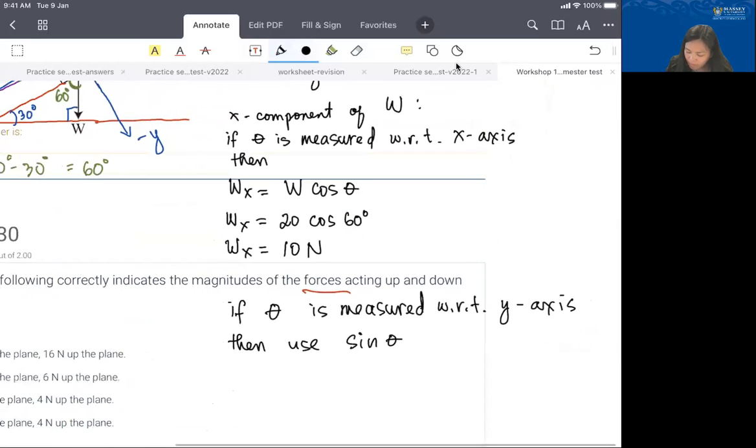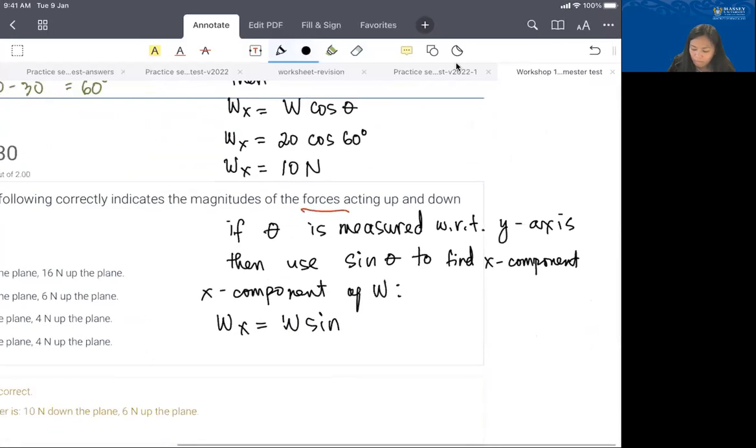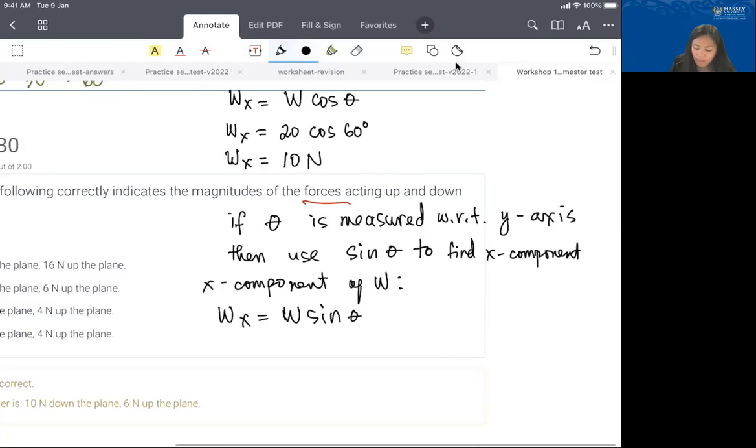I hope my pen did not decide to find the x component. Right. So let's do that. The x component of W, Wx, will be W sine theta. In that case, W is still 20 newtons, which we solved from the mass.